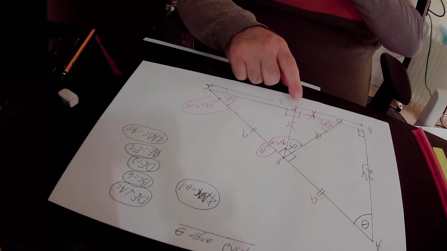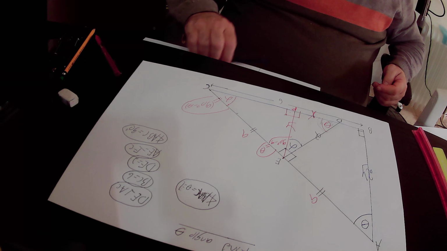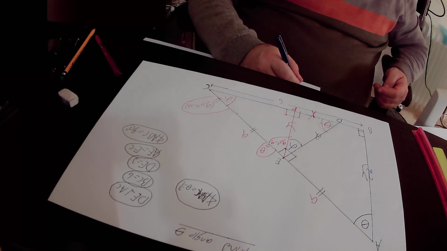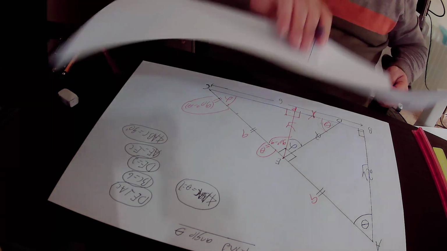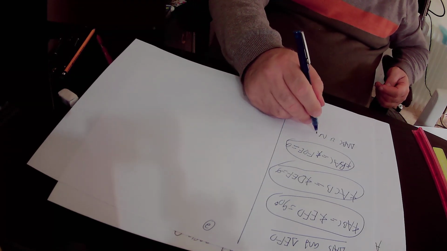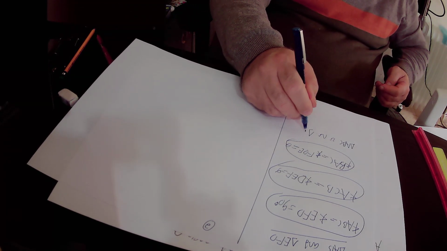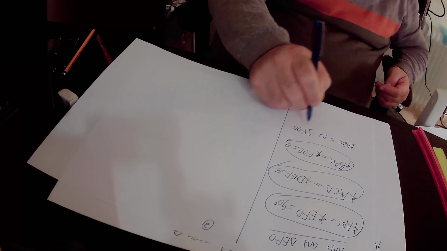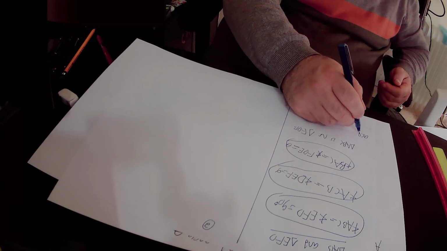So triangle ABC is similar to the right triangle EDF, according to the angle similarity rule.